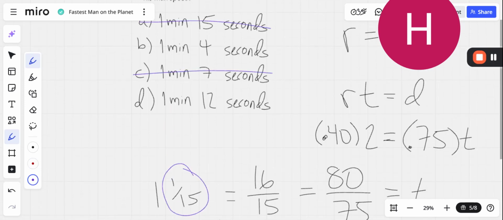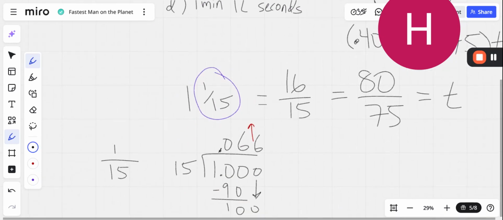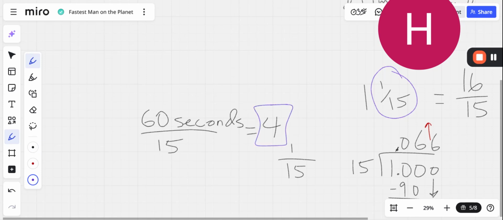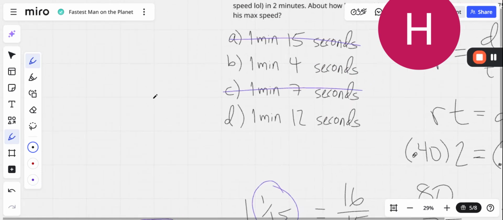No. It is not 7 seconds, because remember, 1/15 of a minute, if we convert this to seconds, is the same as 60 seconds divided by 15. This is 4. It is only 4 seconds. That is 1/15 of a minute. So it's going to be option B.